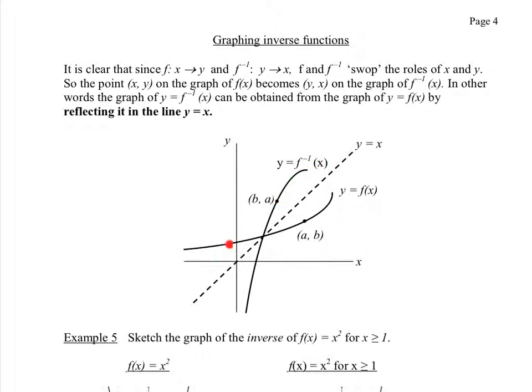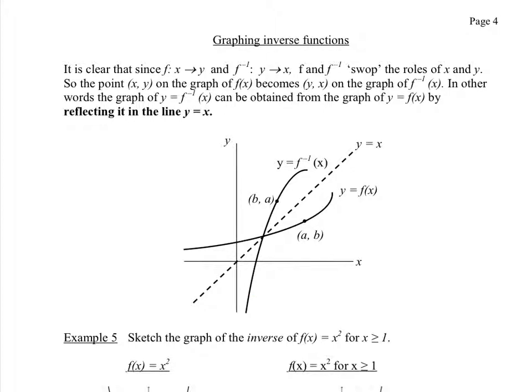Now if you did that with every point on the original function, what you'd end up with would be another line over here, which would effectively be the same line, but reflected in the line y equals x. That might be a little bit difficult to see, but if you imagine a point here, it gets reflected over here.